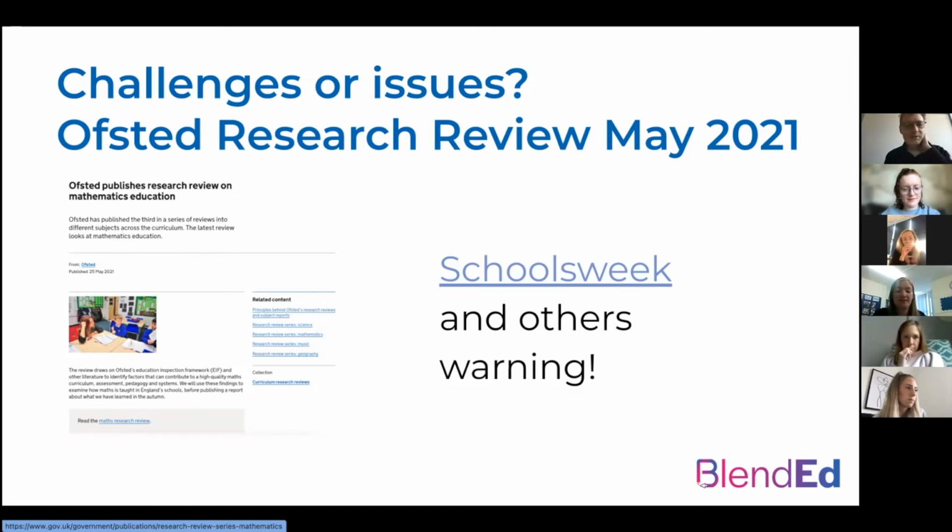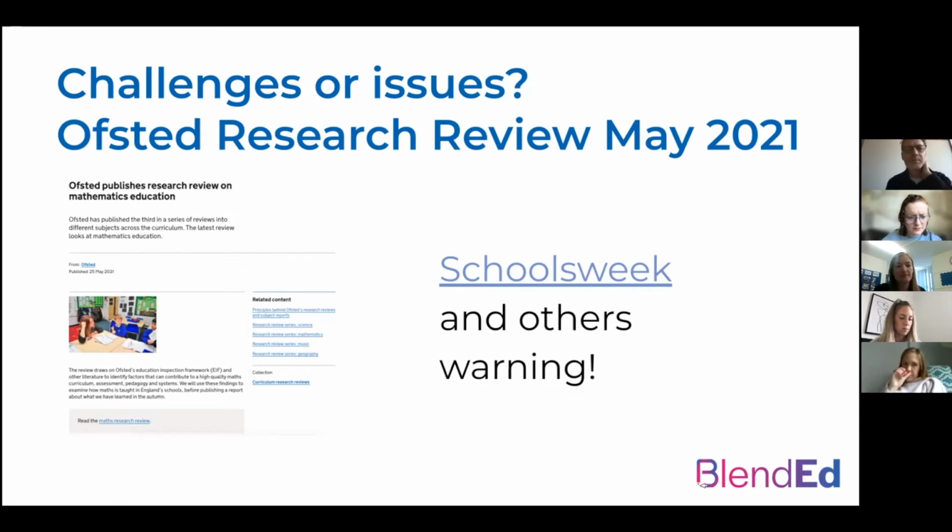And we felt maybe we should highlight some things that have happened since the last forum. I know that Ofsted has published a research review, and I started to look into it and wondered whether I should highlight a few points. Then I came across an article in Schools Week, and as always, what Ofsted publishes is not without controversy.